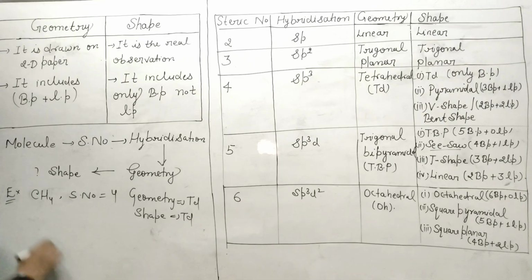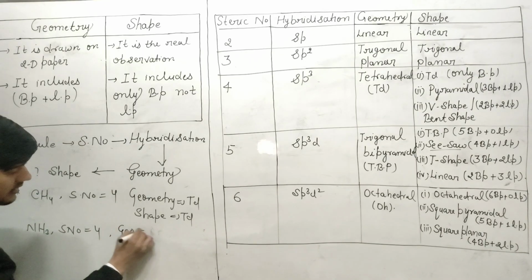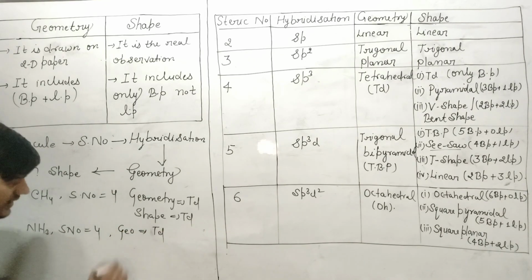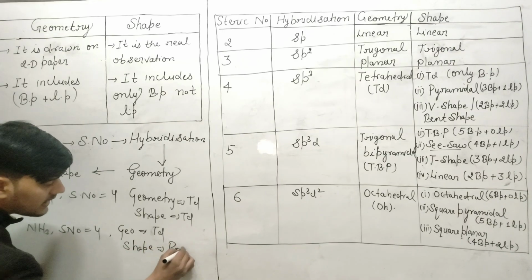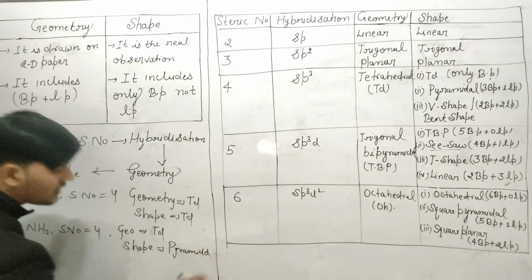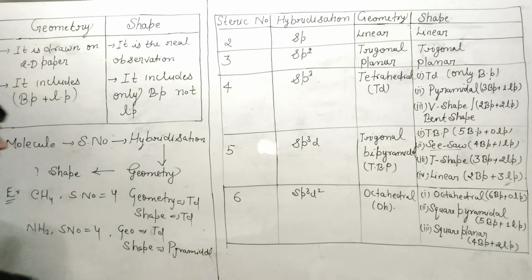But if we consider the example NH3, the steric number of NH3 is also 4 and its geometry is tetrahedral, but the shape of NH3 is pyramidal, because in the NH3 molecule there are 3 bond pairs and 1 lone pair.